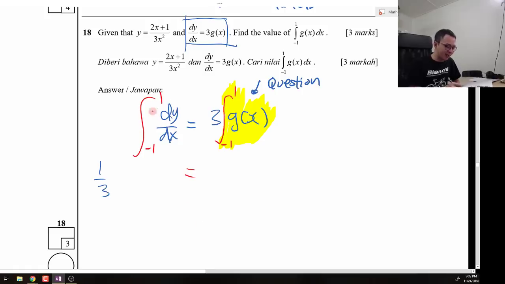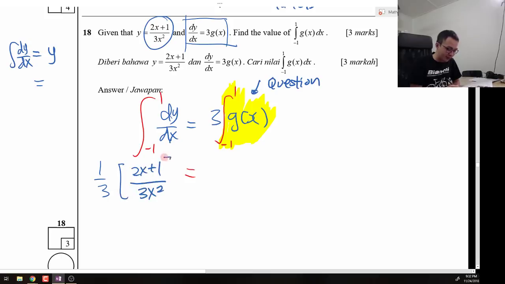Then the next thing is what happens when you integrate dy dx. I've said many times, if you integrate dy dx, you get y, isn't it? So here you will get y. But what is your y? Your y is basically 2x plus 1. So therefore you'll get 2x plus 1 over 3x squared, and this is from -1 to 1.